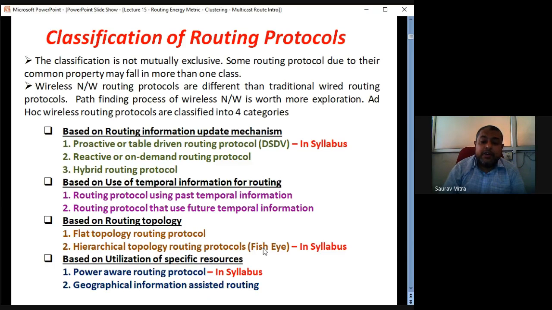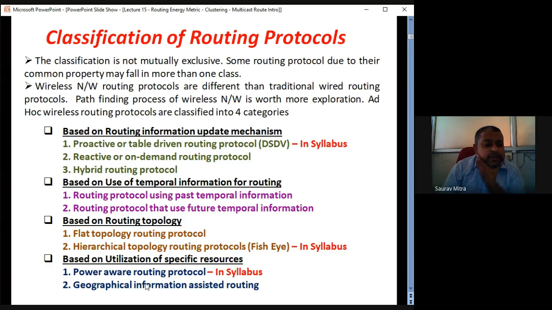For second hop and third hop nodes, the information update process is a little less frequent, and those informations are not very dynamically updated. That is what we have seen in the case of fisheye, and we have seen a very small topology of 4 nodes, and we found 4 tables. That is the way you are supposed to write it. You can check the previous lecture, you will find it.